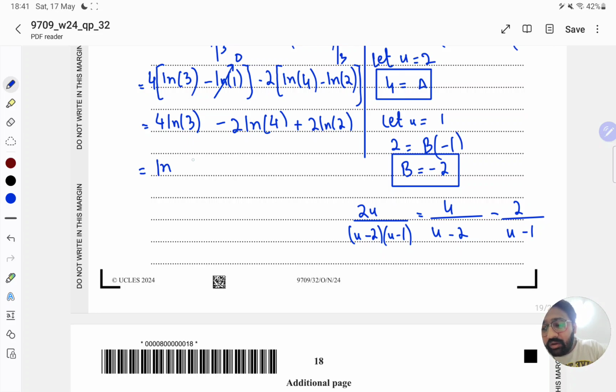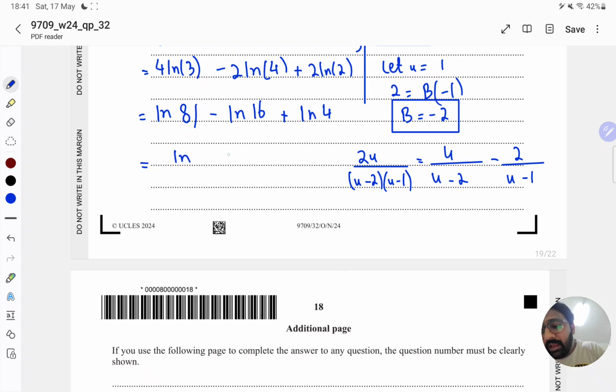It will become ln of 3 power 4, which is 81, minus ln of 4 power 2, which is 16, plus ln of 2 power 2, which is 4. Two are multiplying, two are adding, and the other is just subtracting, so it will be ln of 81 multiplied by 4 divided by 16.